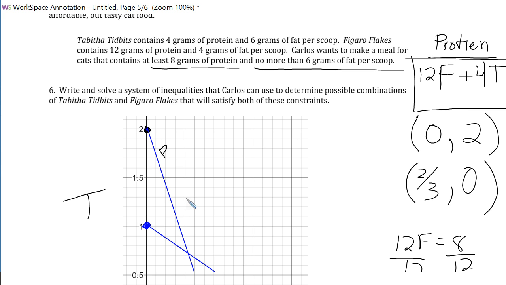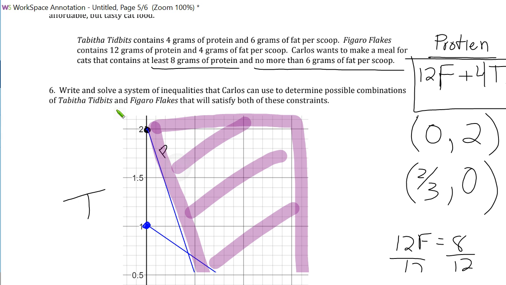Now we've got to shade. We want to be above the protein line, but below the fat line.